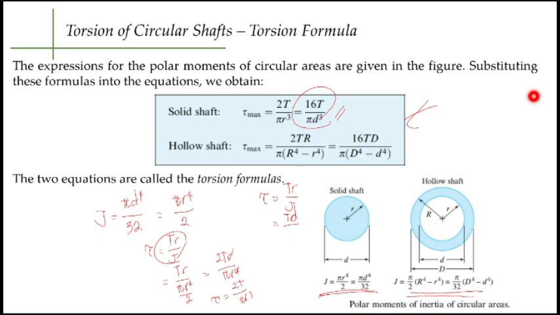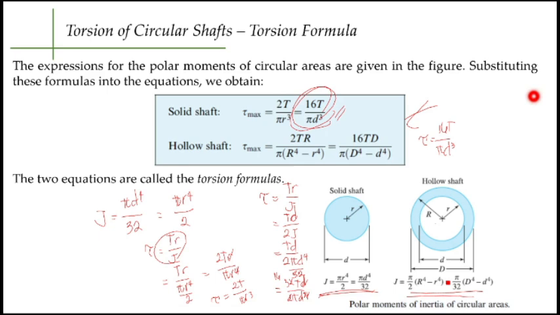So this is TD over 2 times pi d to the fourth over 32. Then this becomes 32 TD over 2 pi d to the fourth, and this 32 over 2 becomes 16. D over d to the fourth cancels, d to the fourth becomes d cubed. So therefore, we can now derive that tau is equal to 16T over pi d cubed.